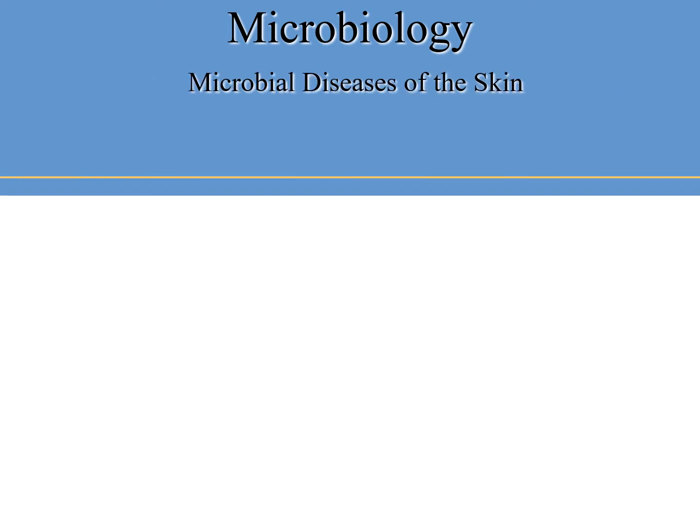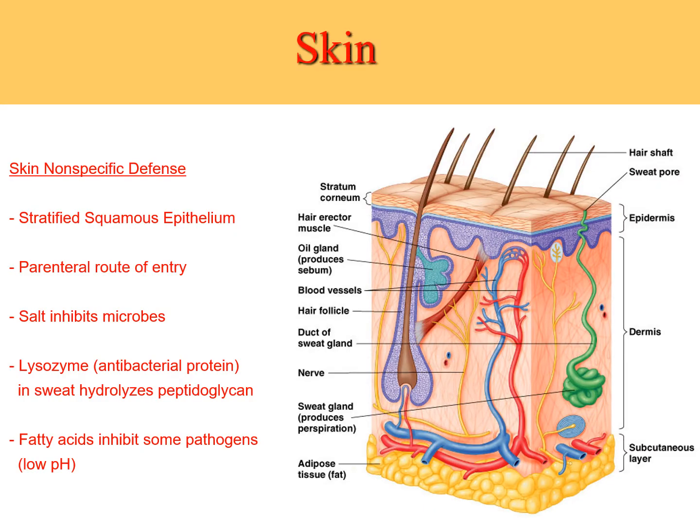In terms of microbial diseases of the skin, we'll go over some general features. I want to remind you that the skin is the primary defense line or first line of defense. It's part of the innate immune system and gives you a non-specific barrier to the outside world.